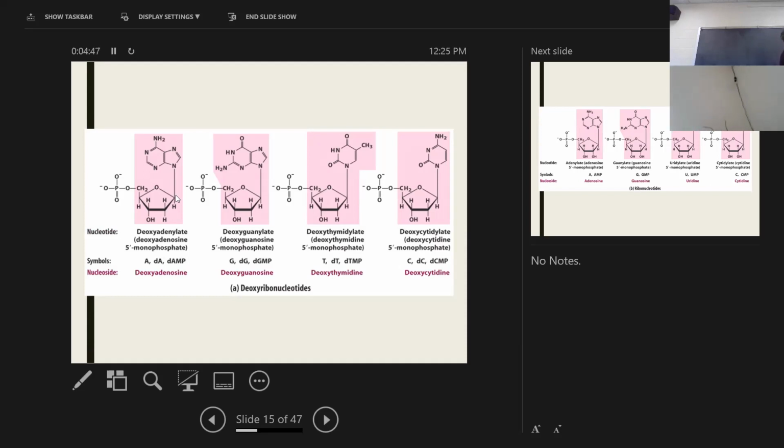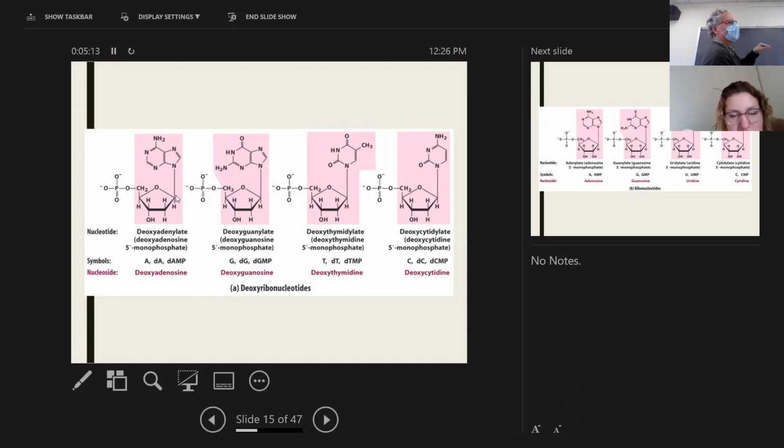With the phosphate, it's guanylate, but this is deoxyguanosine, so it's deoxyguanylate. And then we have not uracil, but with the methyl group, the 5-methyl, it becomes thymine. So with the deoxyribose, it's deoxythymidine.